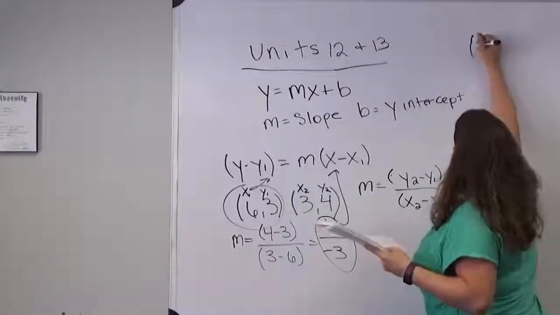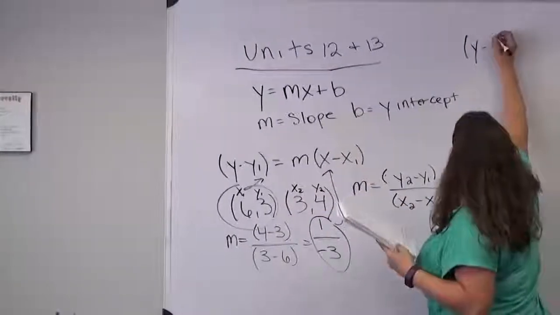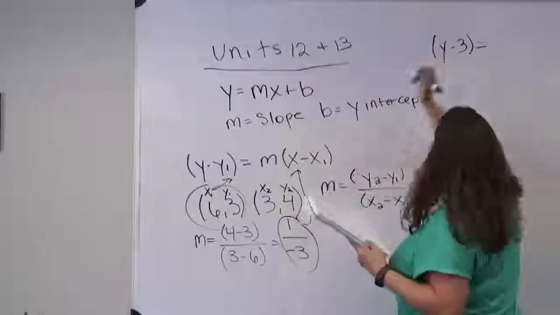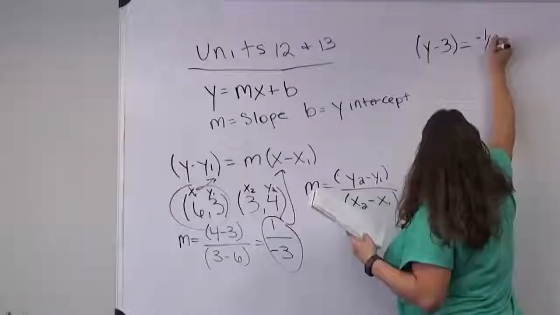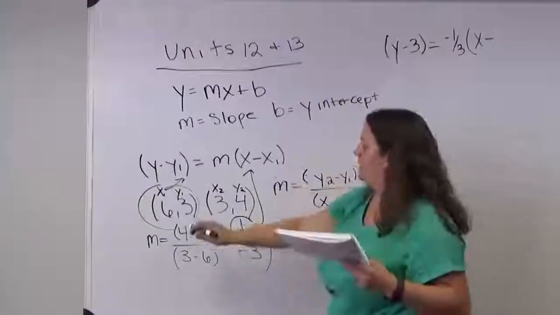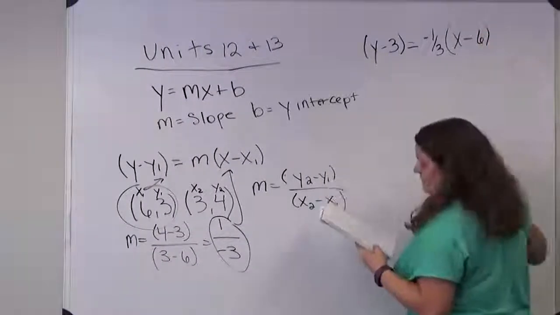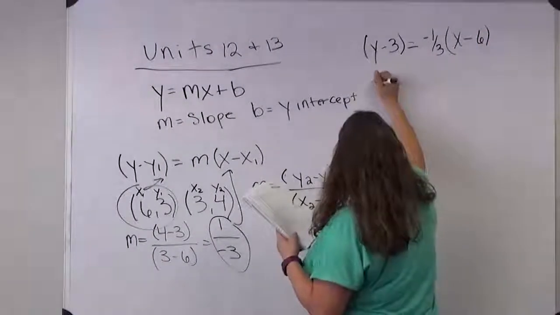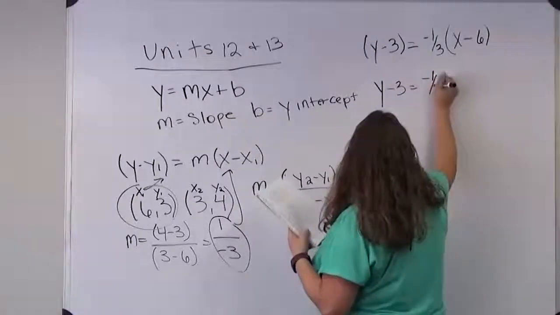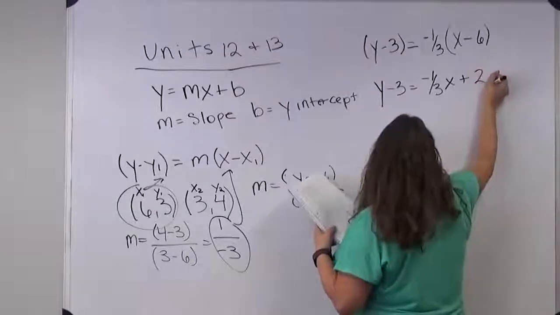So we have y minus y1, which is 3, equals m, which is negative 1/3, times x minus x1, which is 6. So that gives us y minus 3 equals negative 1/3 x plus 2.